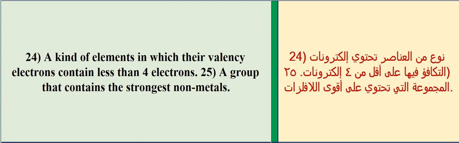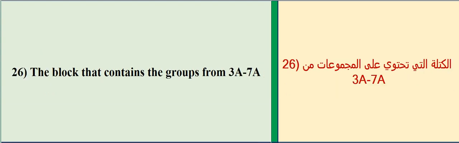A kind of elements in which their valency electrons contain less than 4 electrons. 25. A group that contains the strongest nonmetals. 26. The block that contains the groups from 3A to 7A.